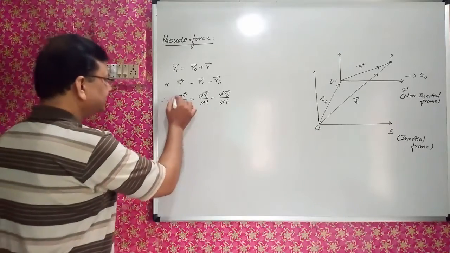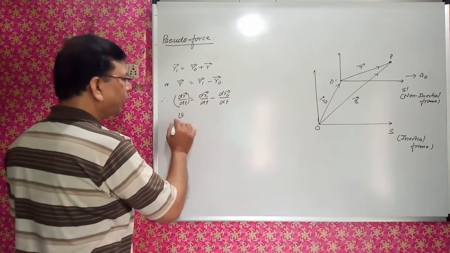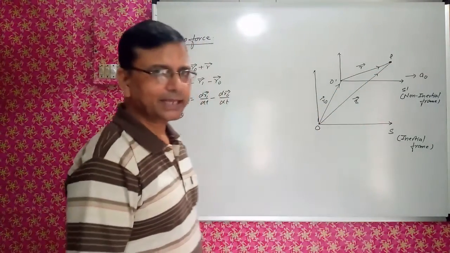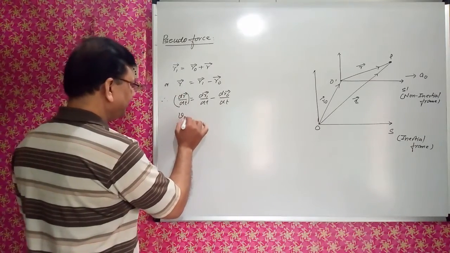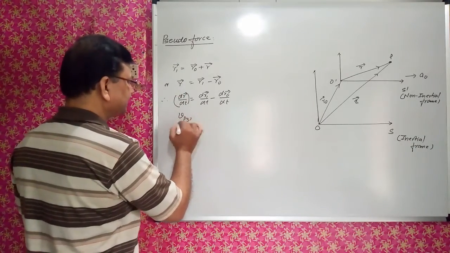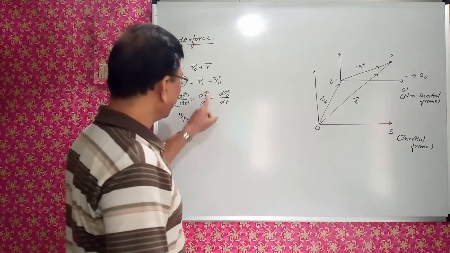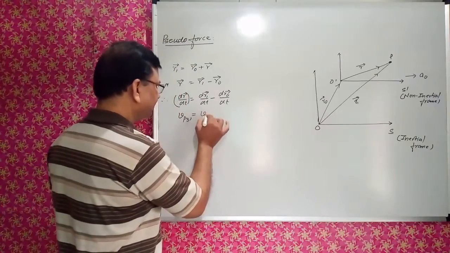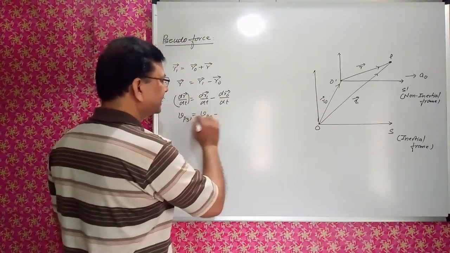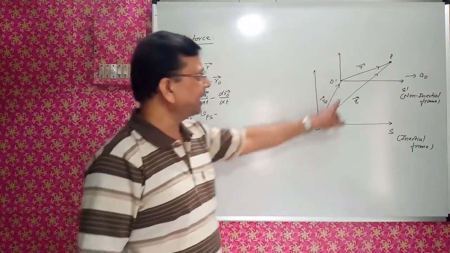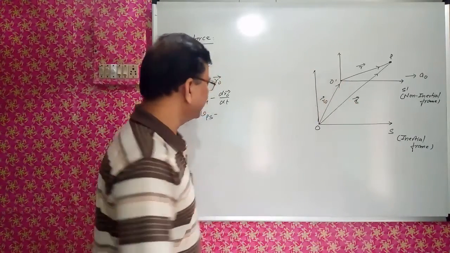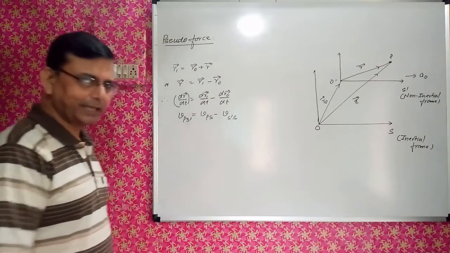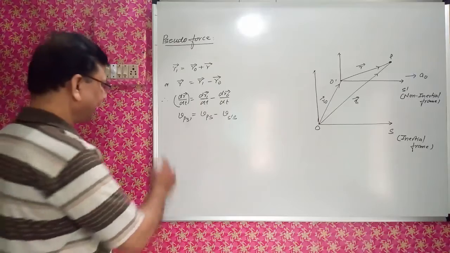This is the velocity of P with respect to the frame S dash. dR1/dt is the velocity of P with respect to S, minus dR0/dt, which is the velocity of S dash with respect to S. Clear? We will differentiate it once again.